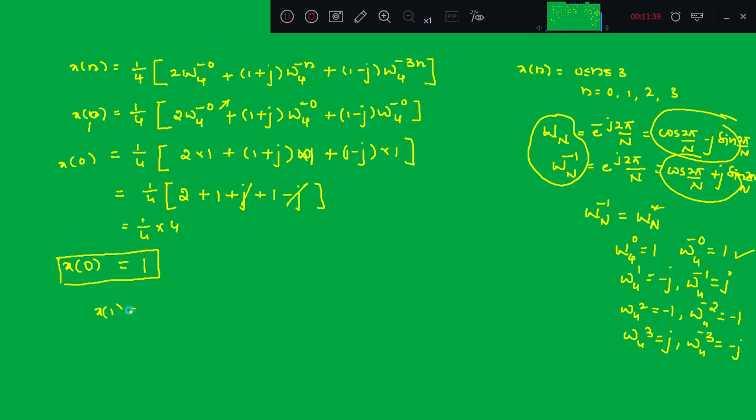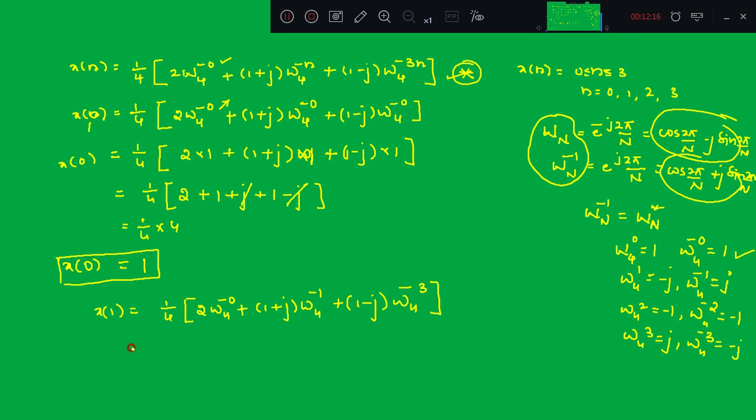Similarly you can calculate x of 1 also. So x of 1 is equal to, substitute n is equal to 1 in this equation. So it is 1 by 4, 2 into W4 raised to minus 0, because we don't have an n term here, so it is considered independent of n. Next 1 plus j multiplied by W4 raised to minus 1, so n is equal to 1, so it is W4 raised to minus 1, plus 1 minus j, W4 raised to minus 3 into 1 is 3.